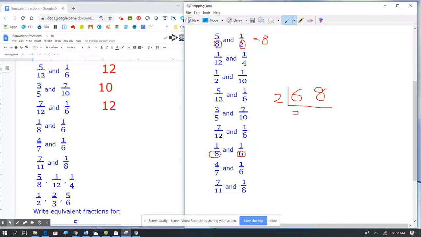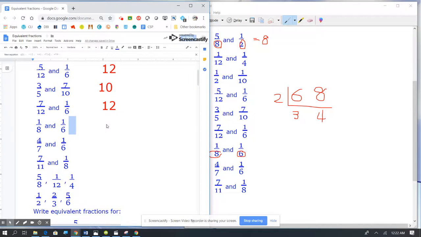So we have 3 and 4. So we can do 24 because 2 times 3 times 4. 2 times 3 is 6, 6 times 4 is 24. So therefore we can do 24.